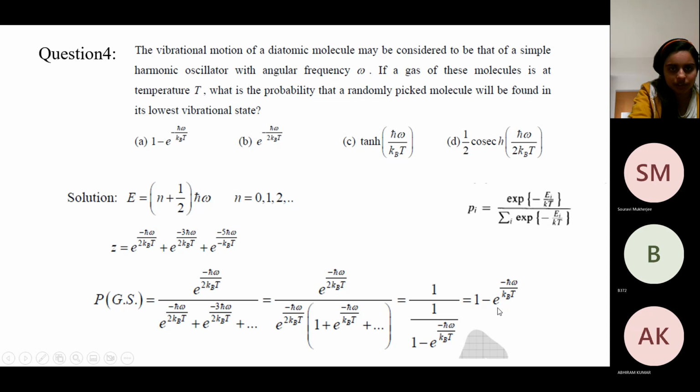So that matches with your option A. Whenever you are asked to find the probability of being in a certain state, you have to use this relation. This is for a discrete system. For a continuous system, you have to replace the summation by integration. Is this clear? Yes. Okay.